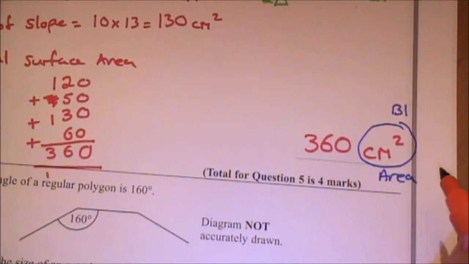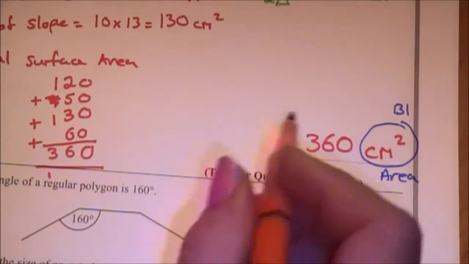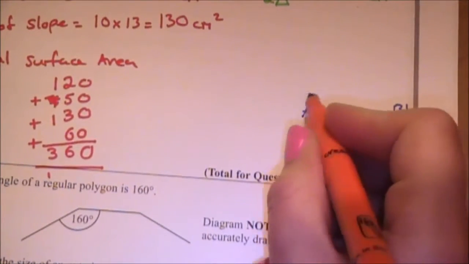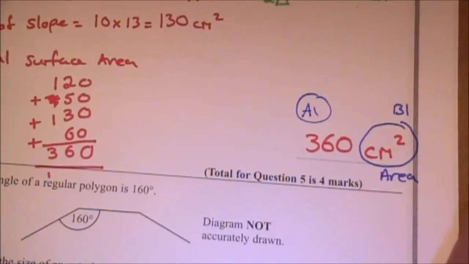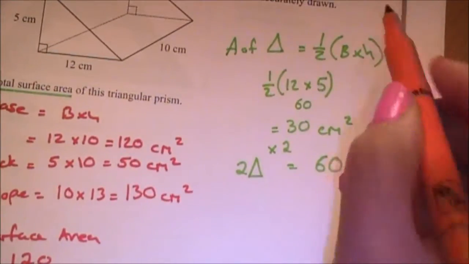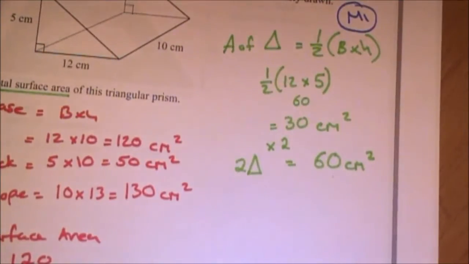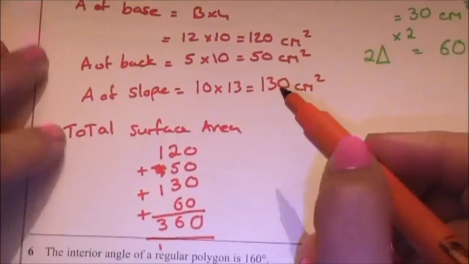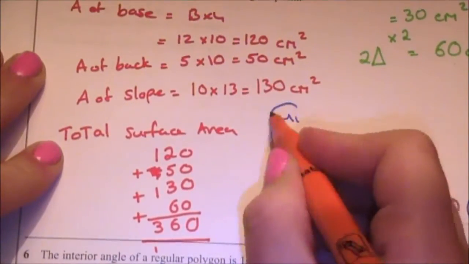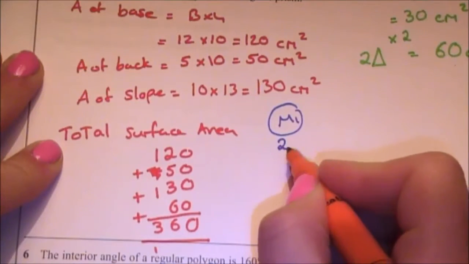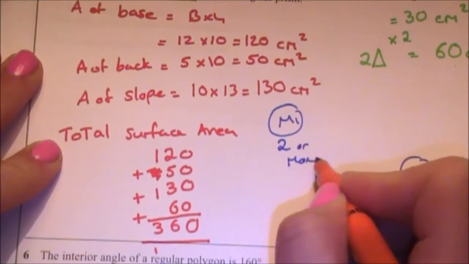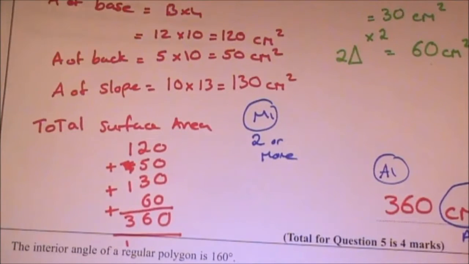So that's where one of those 4 marks. Now the rest of the marks, you obviously get your answer mark for 360. You get a method mark for finding the area of the triangle, and you get a method mark for finding any 2 or more of the other faces.